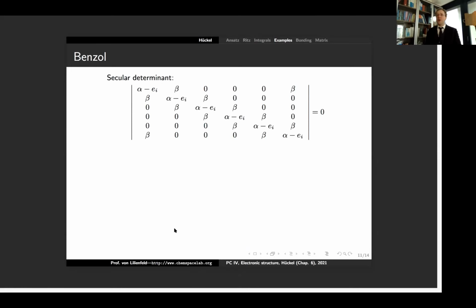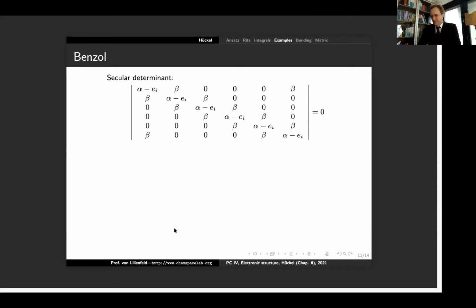Now, it's very important to also consider systems that include cycles. The pi system is intimately linked to the question of aromaticity, and it is one of the great accomplishments of Hückel that his theory does account for aromaticity.